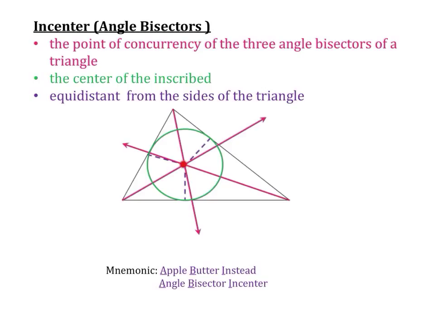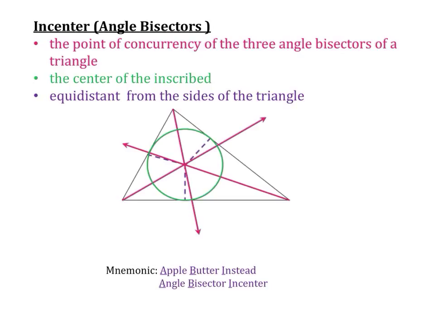Also, the incenter is the center of an inscribed circle, which means that the circle is inside of the triangle, and each side of the triangle only touches the circle at exactly one point.